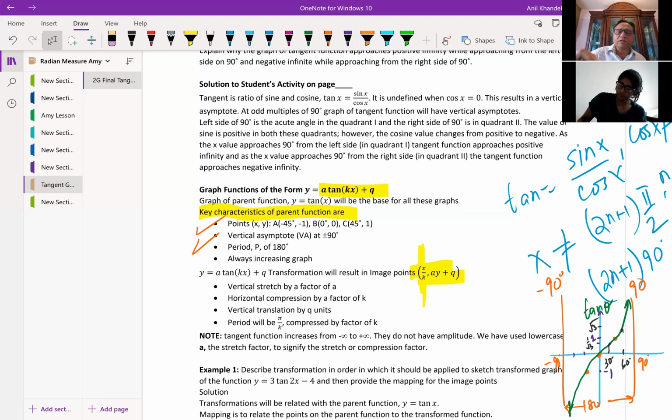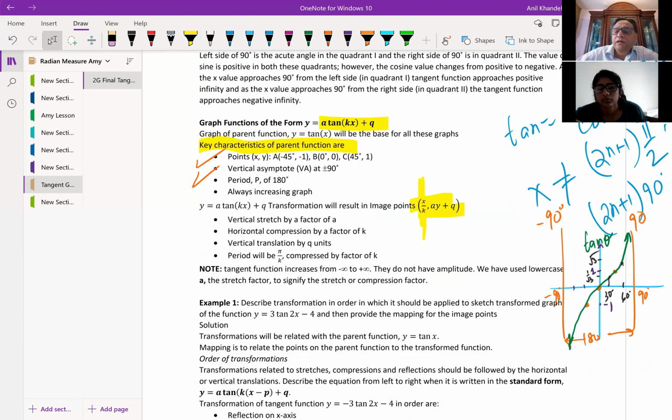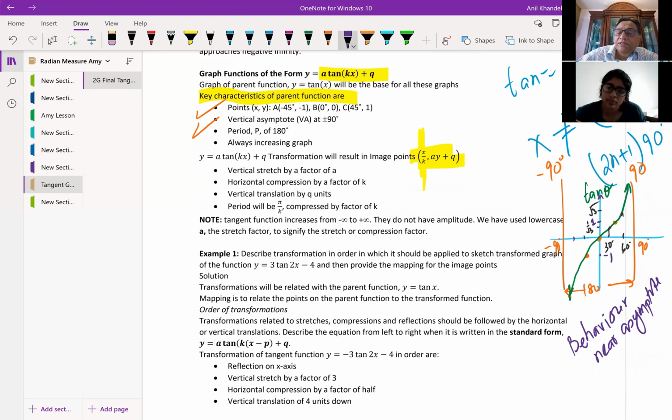What is very important to understand here is that this is always an increasing function. And sometimes we are looking into behavior near asymptote, whether it goes towards it or away from it. Yes. So many times in the questions, it will be when x is approaching 90 degrees from the left side.